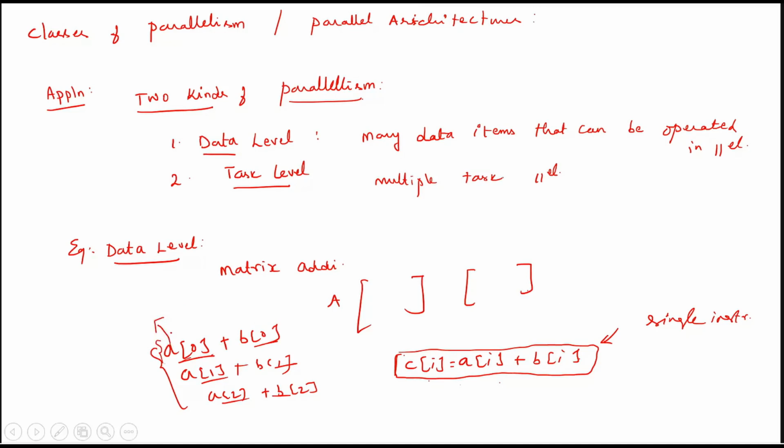A of 0 plus B of 0 will work in one processor, A of 1 plus B of 1 in another, A of 2 plus B of 2 in another. This is the way to achieve parallelism. This is data level parallelism.